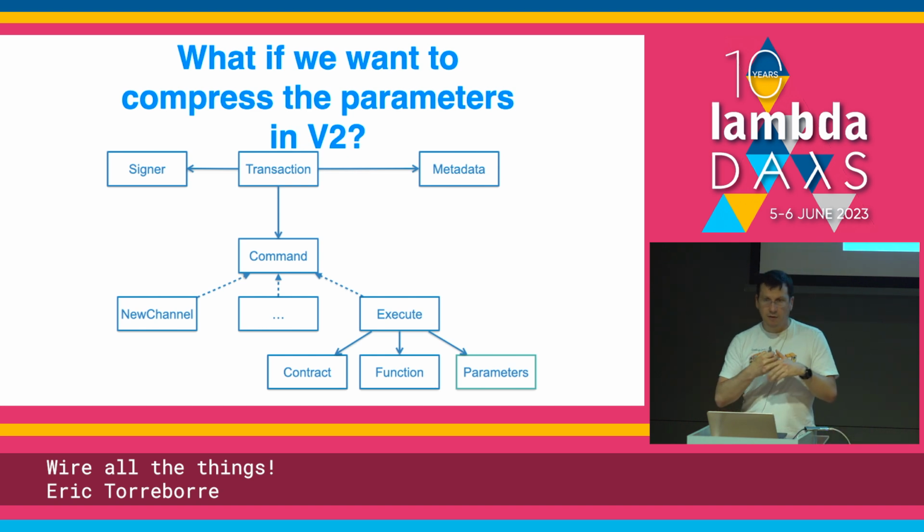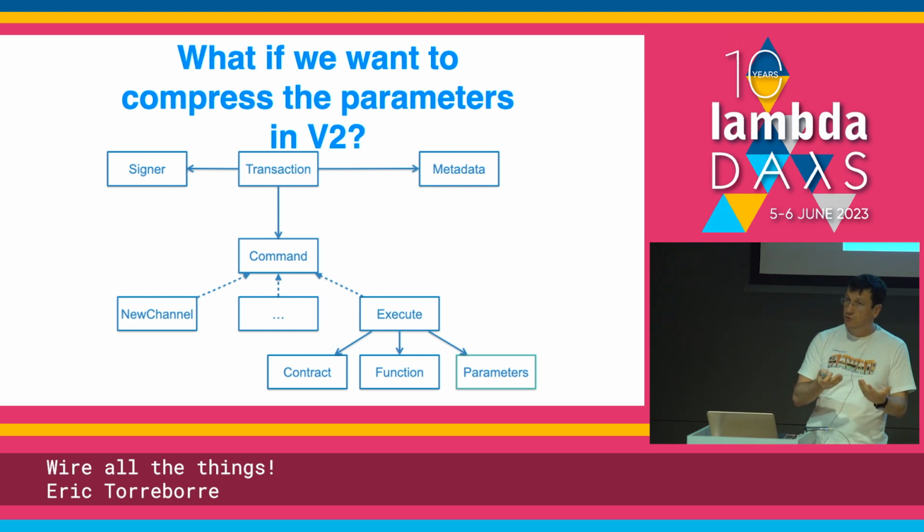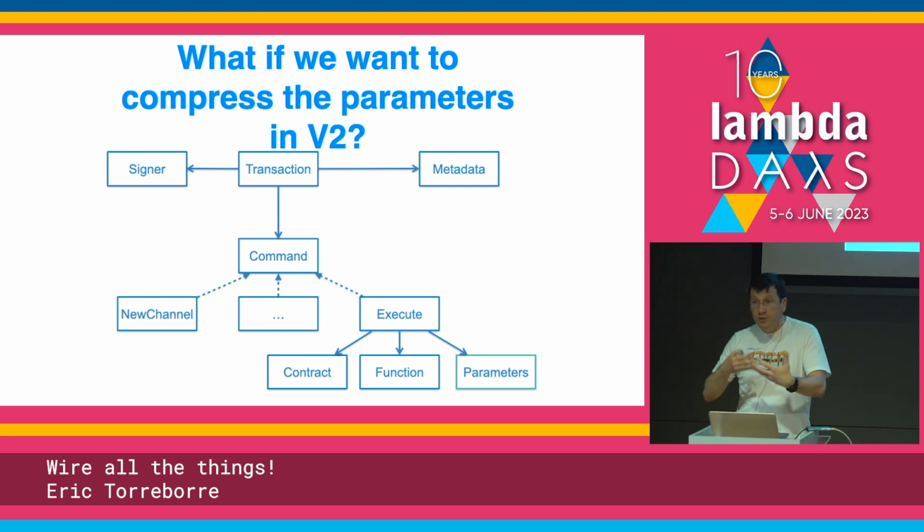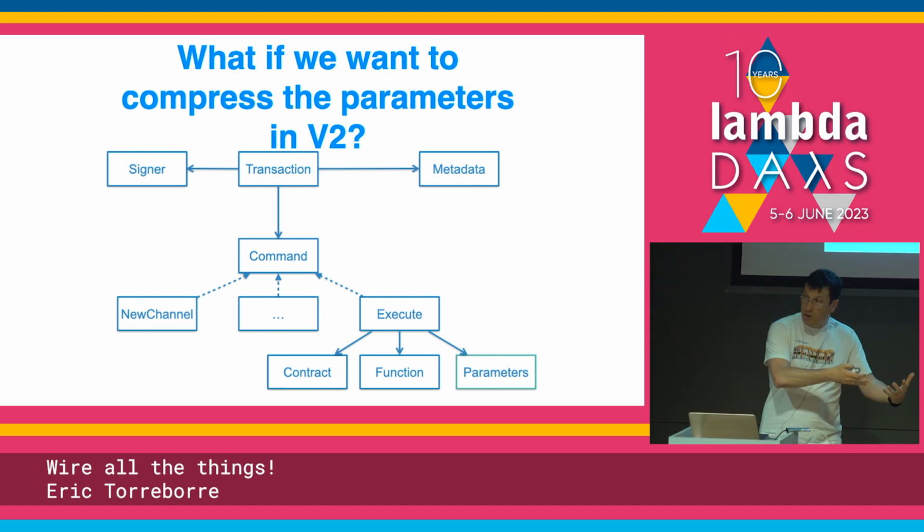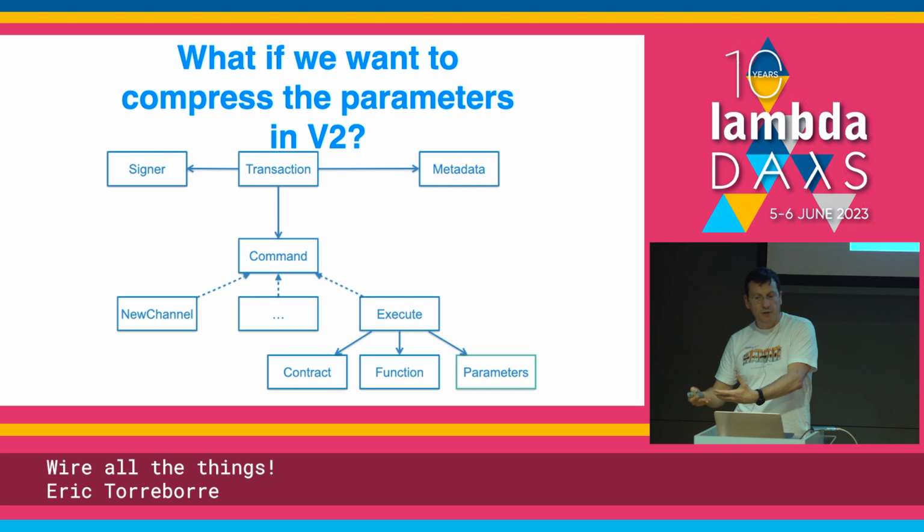And if you're working in the blockchain domain, maybe you have some smart contracts that you want to execute, so you need to describe all of this. What does it mean to execute a smart contract? You need to say which contract, which function, which parameters you're going to use. So all of this, at some stage, needs to be serialized somewhere. So how do we generally deal with the situation of serializing stuff on disk?